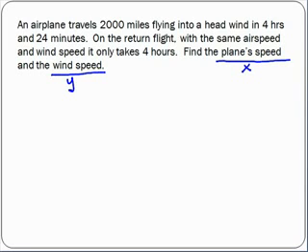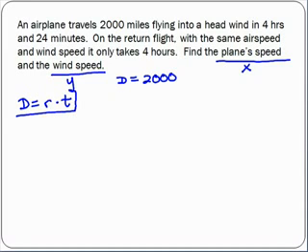Okay, and we're also going to write down our formula for distance. Distance is equal to rate times time. So if we want to talk about the distance, well, our total distance is 2,000 miles. So we have that. And for that 2,000 miles, we've got to take our rate times our time.